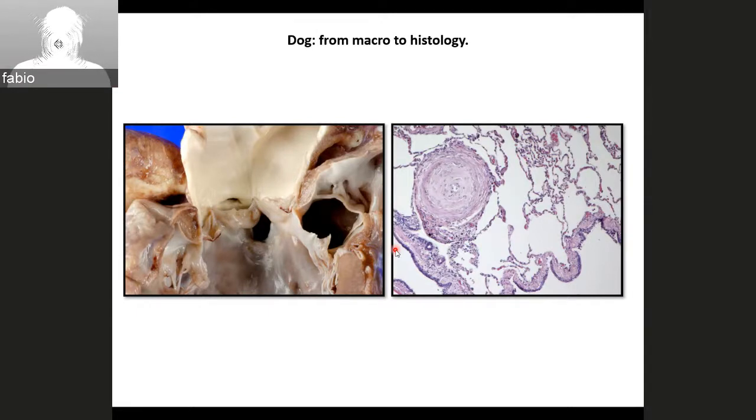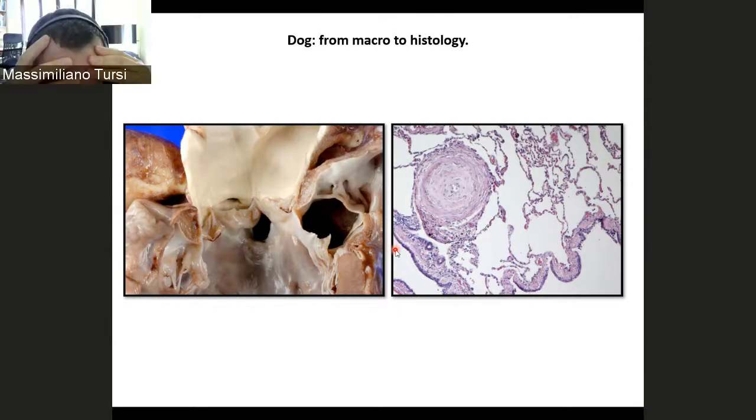Yeah, no, definitely. I was wondering whether you have a picture of the plexiform lesion as well. Yeah, I have some pictures about plexiform degeneration. But I think that plexiform could be more difficult for you to interpret.